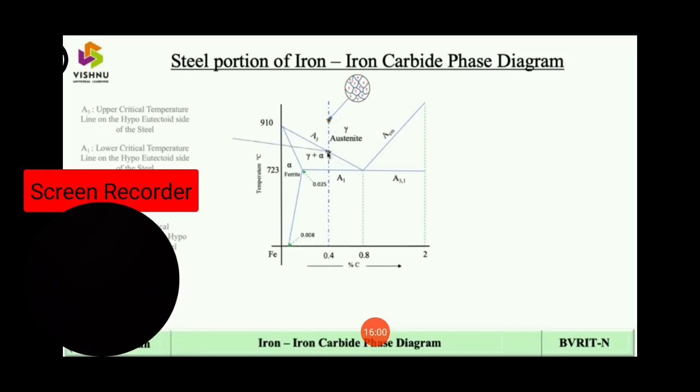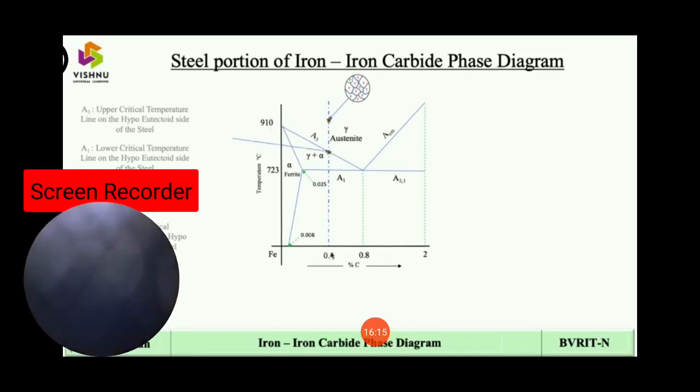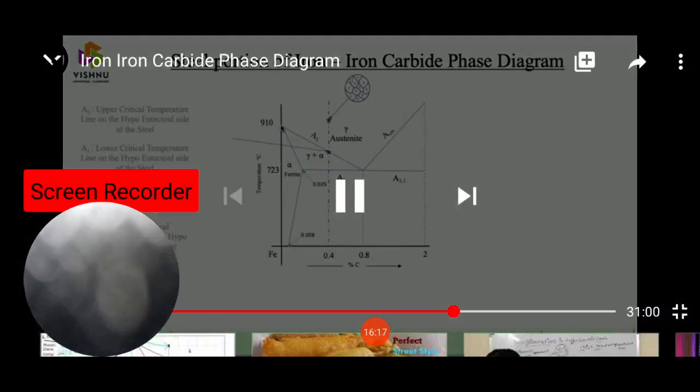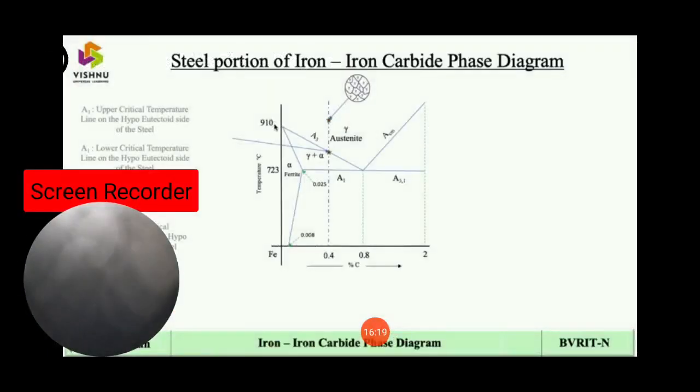Upon reaching this line, just below that, this is where the allotropic change has to start. Like we have already seen in pure iron, the allotropic change starts from 910. Since carbon is being added, there is a difference in the temperature at which it is supposed to occur. Instead of 910, it is occurring somewhere here below.